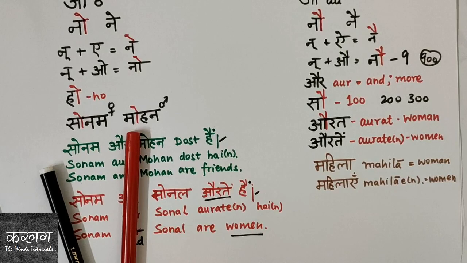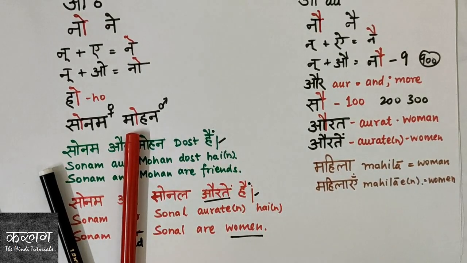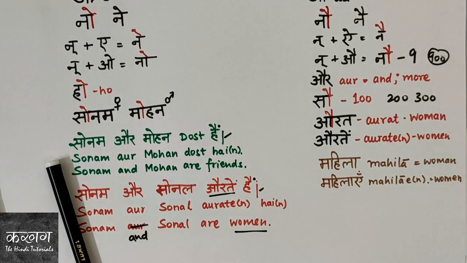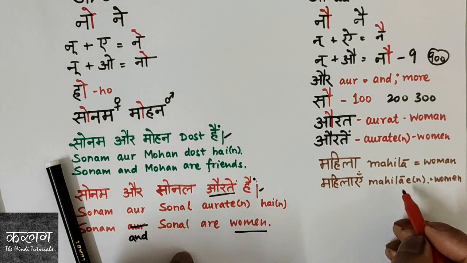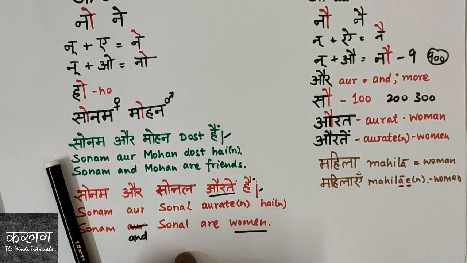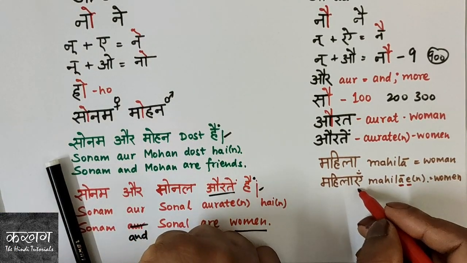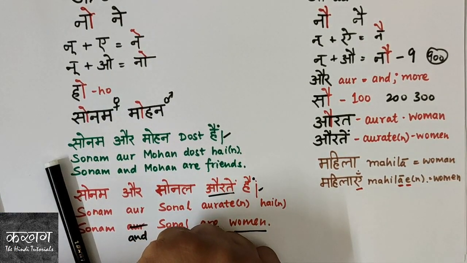Here you see that we have used the raw form of A. Now, why is it so? Because here we have two consecutive vowels, A and A. Whenever we have consecutive vowels, we have to write the second one, or if we have three consecutive vowels, the second and third one, in the crude form. So we have written the A sound in the crude form.